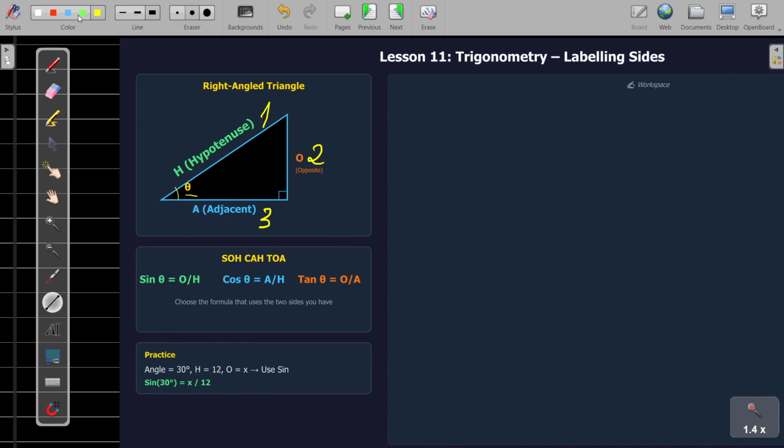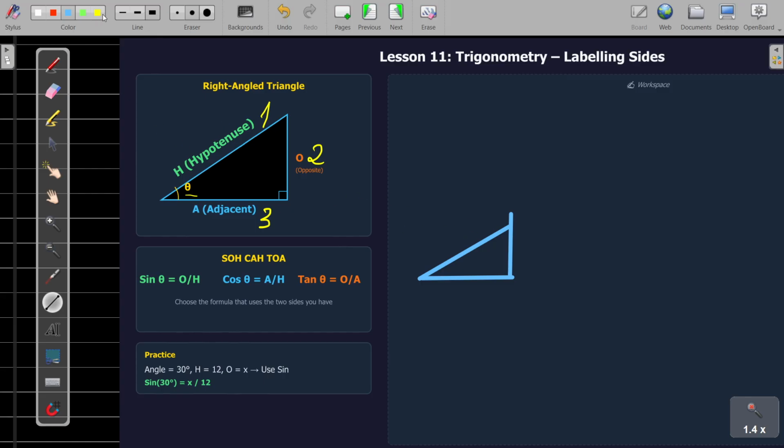Let me try. Why not? So I need to draw a triangle like this, and I need to make sure that it's 30 degrees. This should be 30 degrees or so.